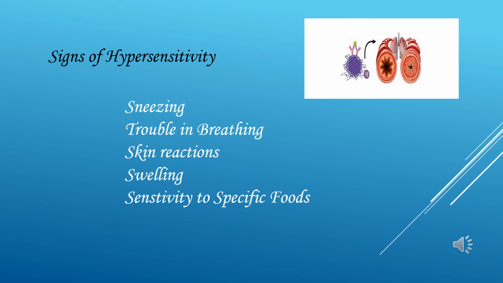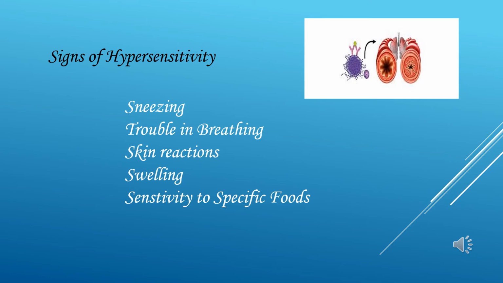Looking into detail about the sneezing, it may include sneezing, a runny nose, or runny eyes. This is caused by inflammation in the nose, referred to as rhinitis, or when it affects the eyes, it is called conjunctivitis.